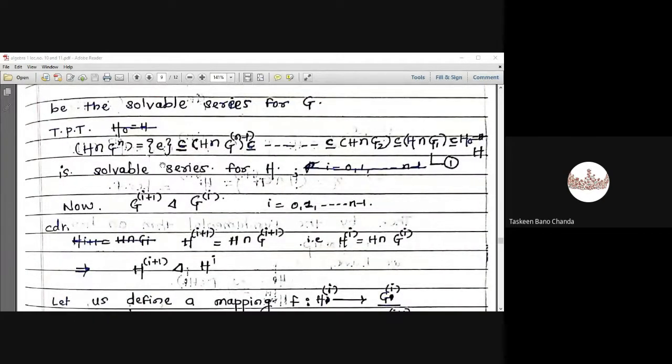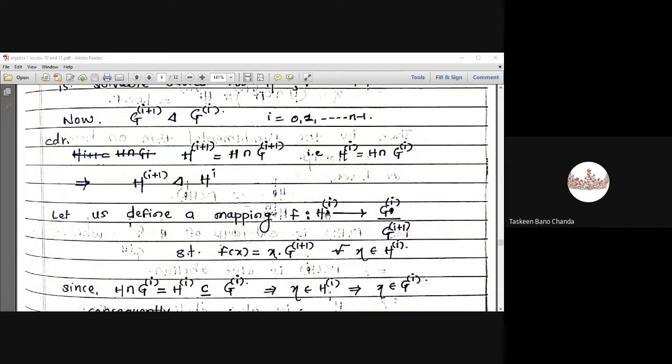The factor groups of this series must be abelian. If we have to prove this series is a solvable series, what does it mean? All its factor groups must be abelian, that is why we have defined this. Here on the right side, Gi upon Gi plus 1 is already abelian. If we prove that the mapping f of x is equal to x into Gi plus 1 is an isomorphic mapping.